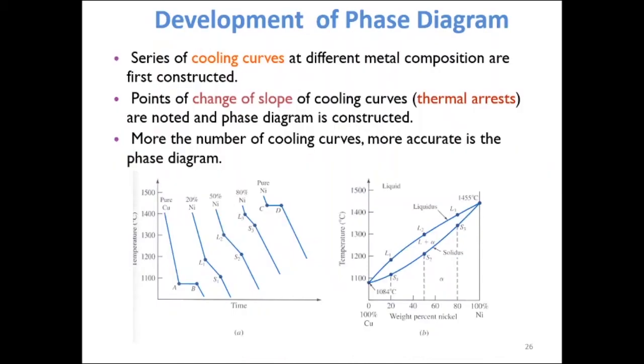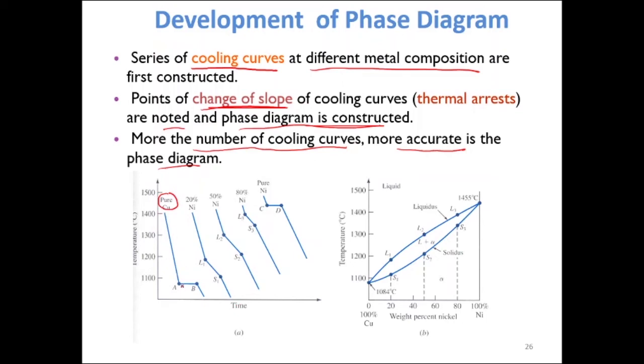Now we are going to look at the development of the phase diagram from the cooling curves that we looked at before. The phase diagram is produced from a series of cooling curves at different metal compositions, and the points of change of slope of the cooling curves are noted and the phase diagram is constructed. The more cooling curves, the more accurate the phase diagram. We start with the pure copper cooling curve, where we plot temperature versus time.